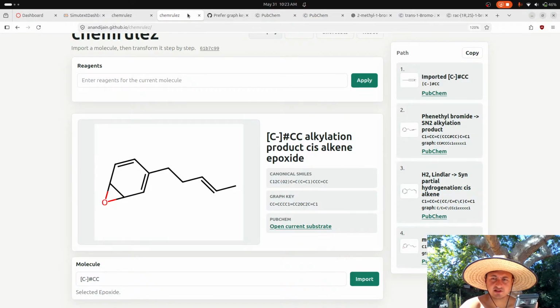I'm still noticing the issue. If I start with a terminal alkyne, specifically, this would be the acetylide ion of propyne. So C, C, triple bond C. And then I react it with phenethyl bromide for SN2.